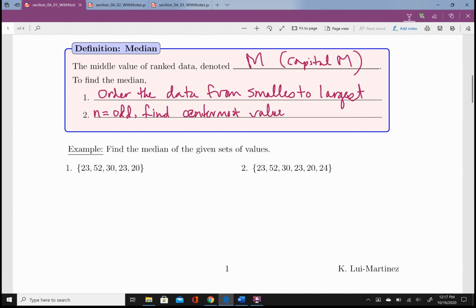So the exact middle value in the collection of ordered data. But if n is an even number, then you have to find the average of the two middle observations.